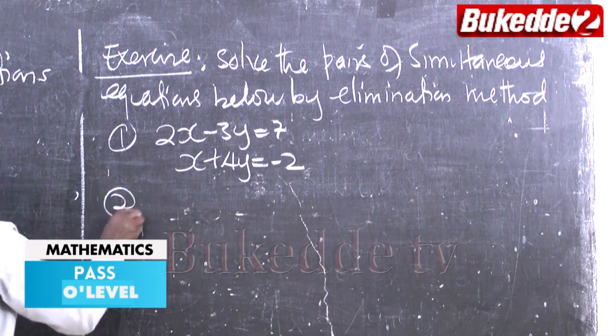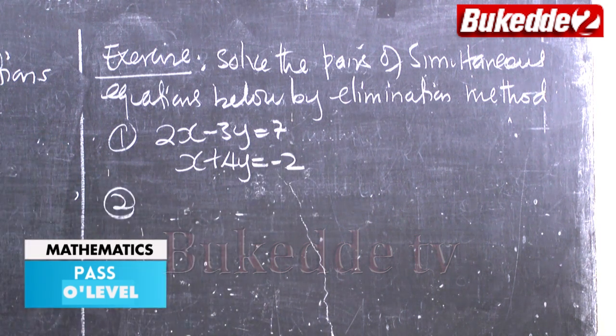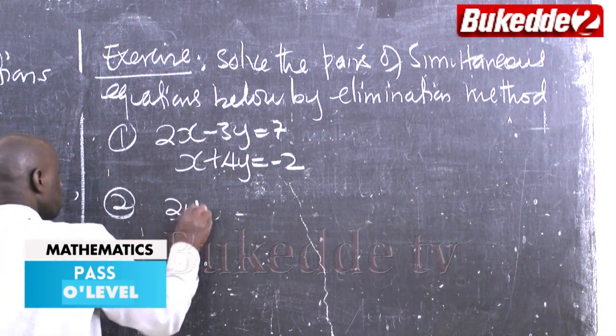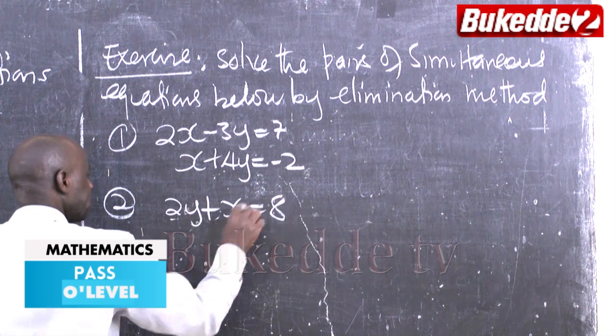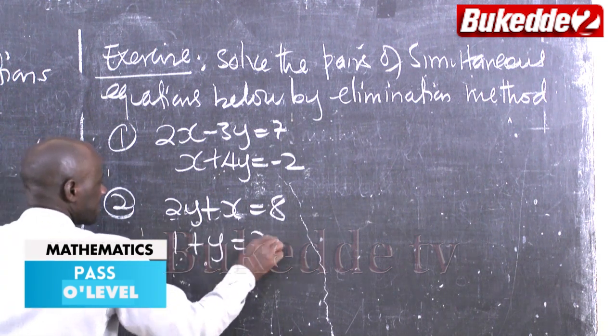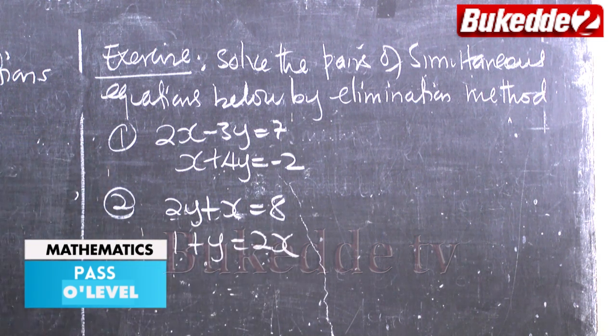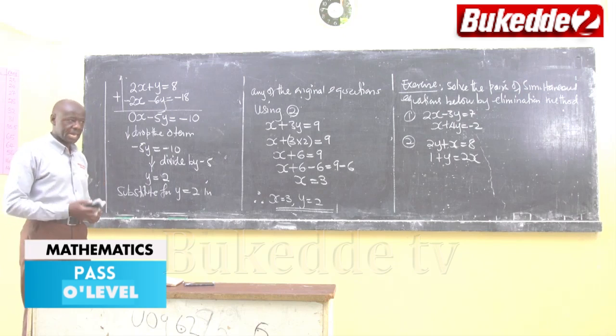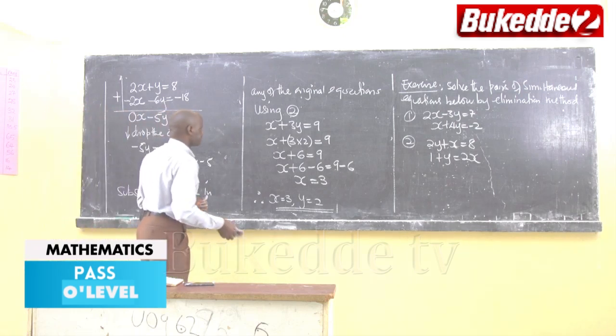And then 2, please, you have 2y plus x is equal to 8, and then its sister equation is 1 plus y is equal to 2x. Please try this out using this approach that we've had, step by step, step by step.